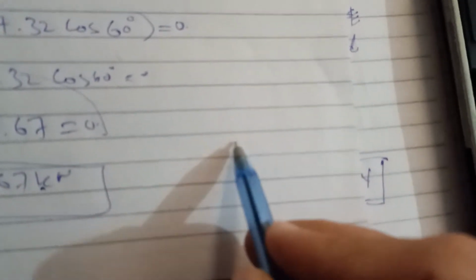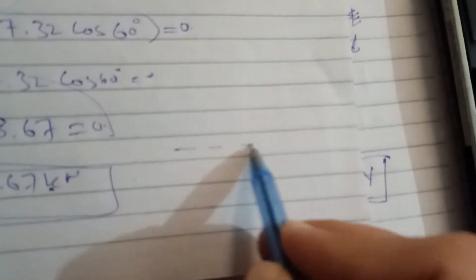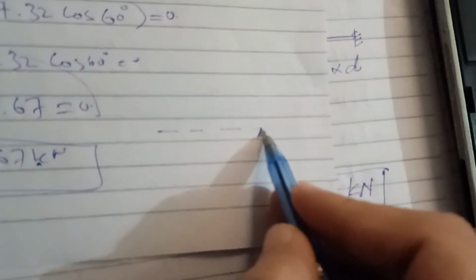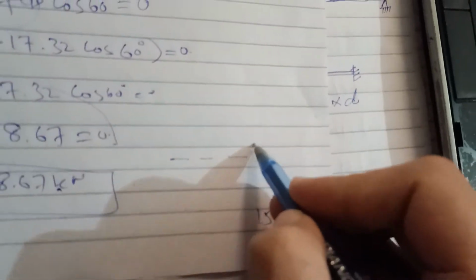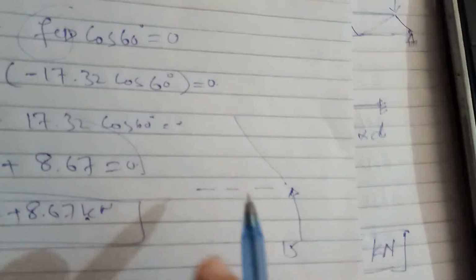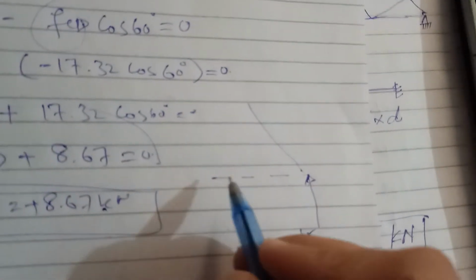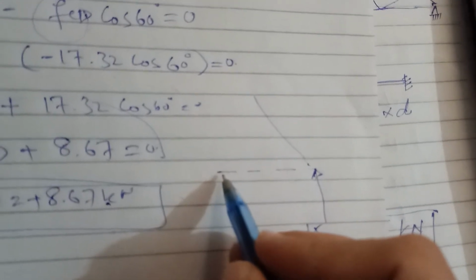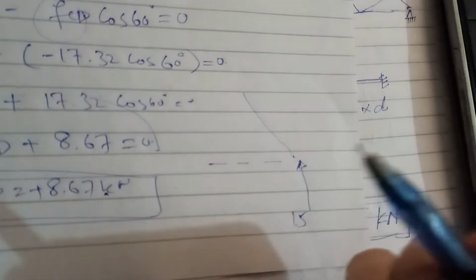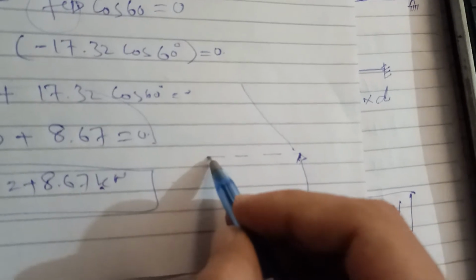Now see how you draw your directions. This is 15 kilonewton. Now see that FED is positive. It means that the direction we have assumed is the same.